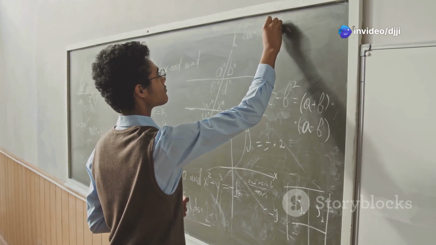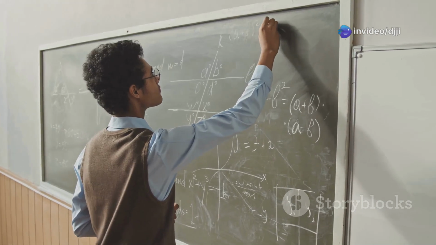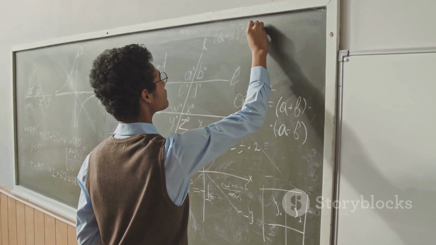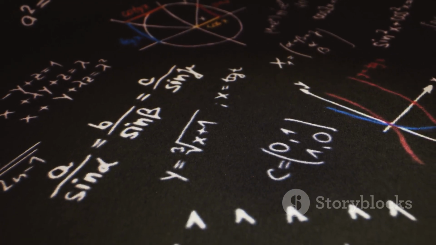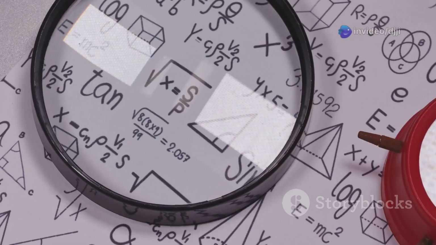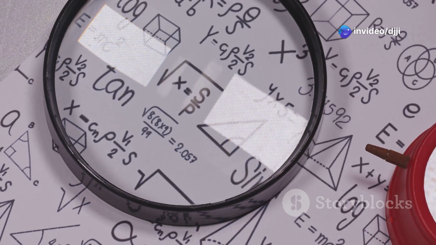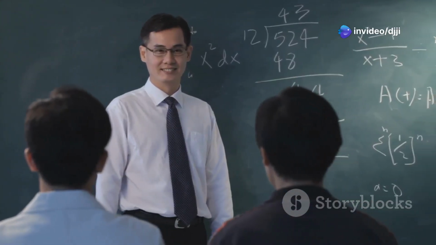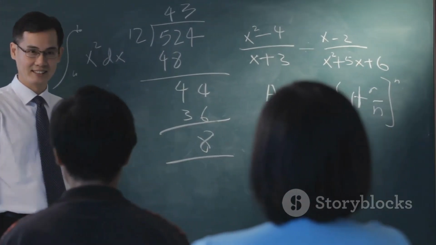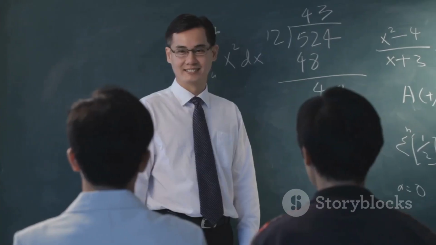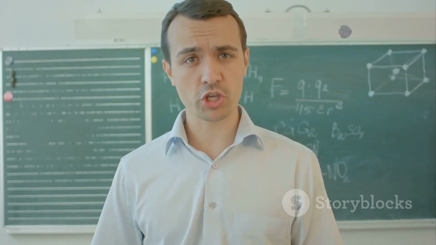Example: factor 9(x + 1)^2 - 4(y - 2)^2. Step 1, recognize it as a difference of squares. Here a equals 3 and f(x) equals x + 1, b equals 2 and g(y) equals y - 2. So 9(x + 1)^2 - 4(y - 2)^2 equals (3(x + 1))^2 - (2(y - 2))^2. Step 2, apply the identity.